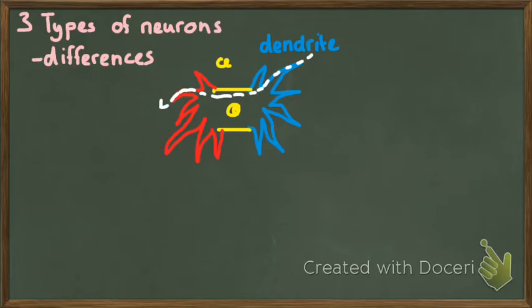So it arrives at the right side now, so the right side are the dendrites. This side is going to the cell body, then we have the cell body, and then it goes away from the cell body through the axon. This type of neuron is called the interneuron.